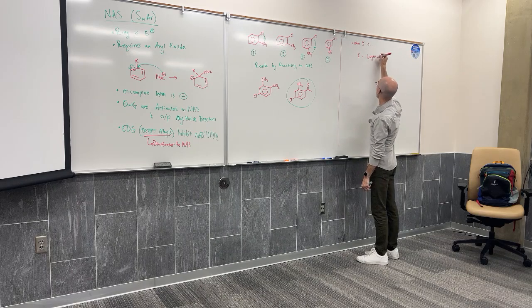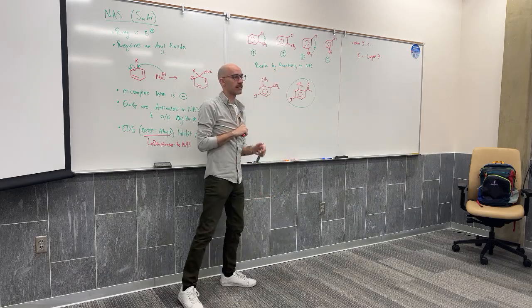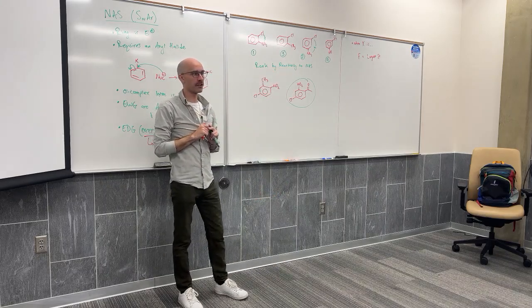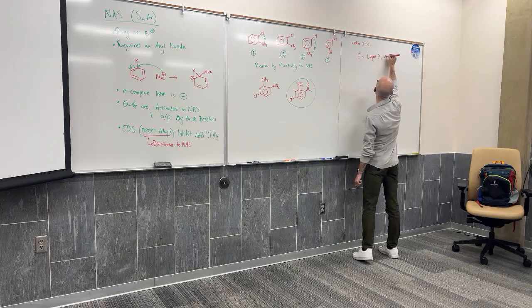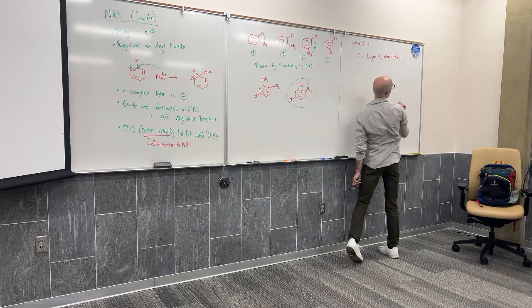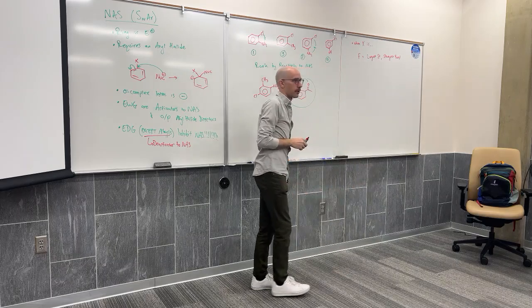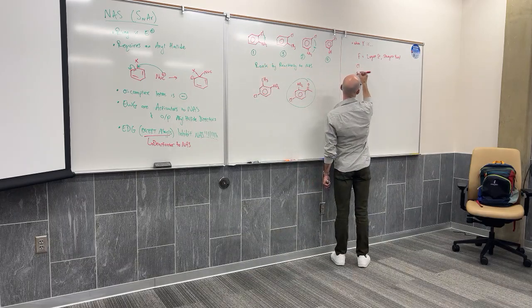When our halogen is fluorine, it places the largest partial positive on the carbon, but it has the strongest bond to carbon. And then we have chlorine, bromine, and iodine.